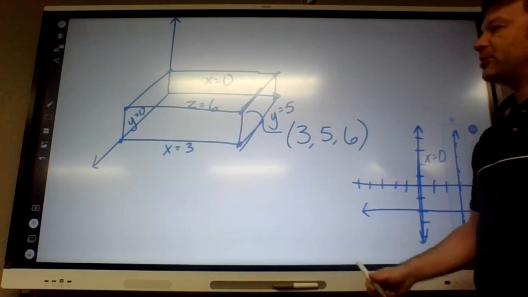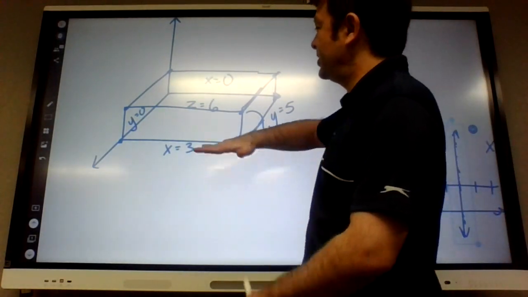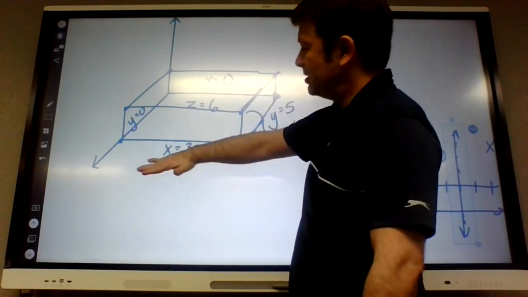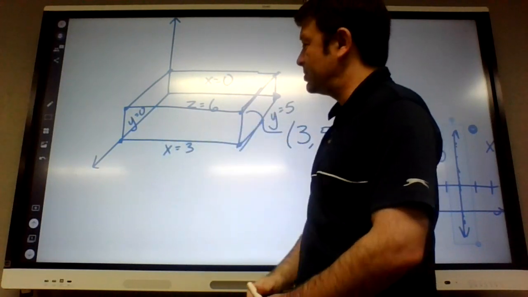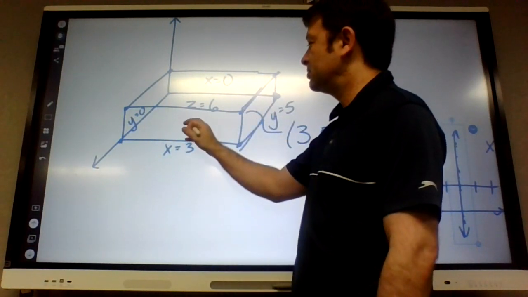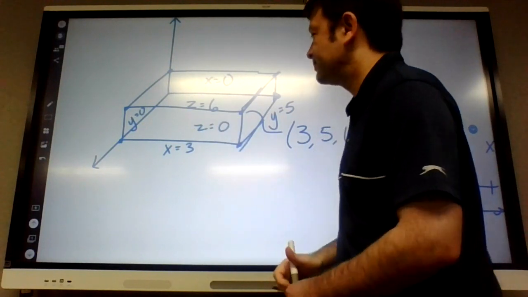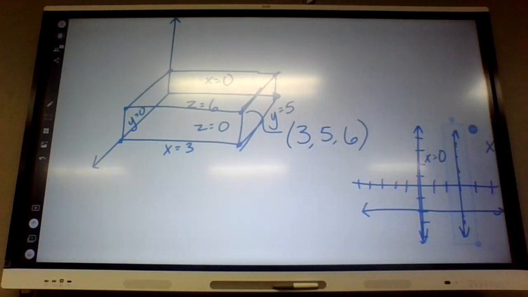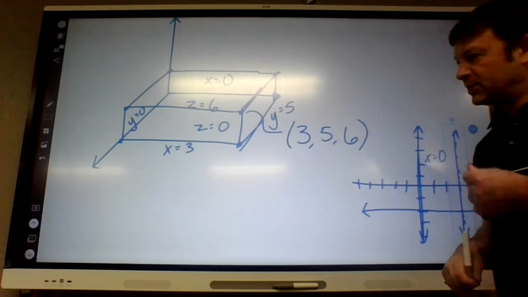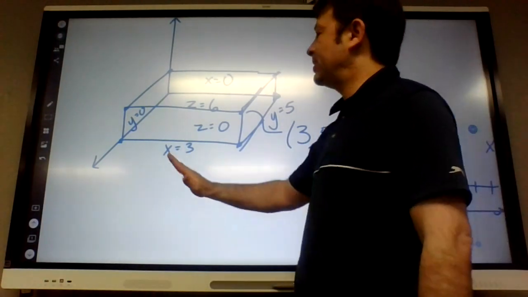And let's see what I missed, the bottom plane. If the top plane is z equals 6, then the one underneath is z equals 0. I'll label that on the bottom. So there's kind of a pattern.